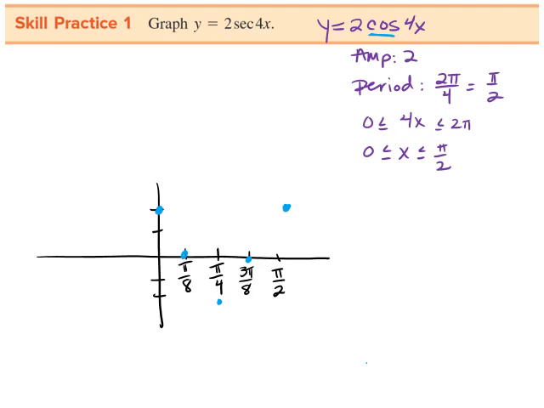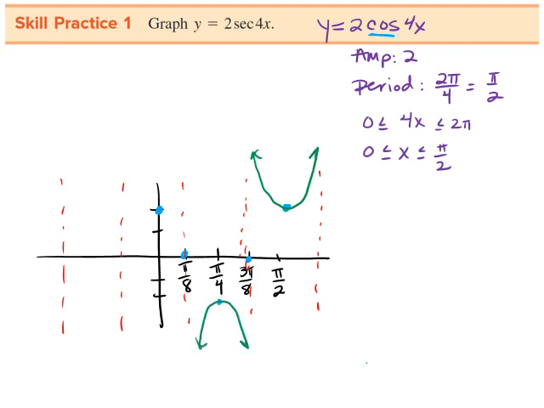Since our baseline didn't change, our asymptotes will occur wherever cosine is equal to 0, which are in these spots here. And then my graph of the trig function 2 secant of 4x will really be this piece here.